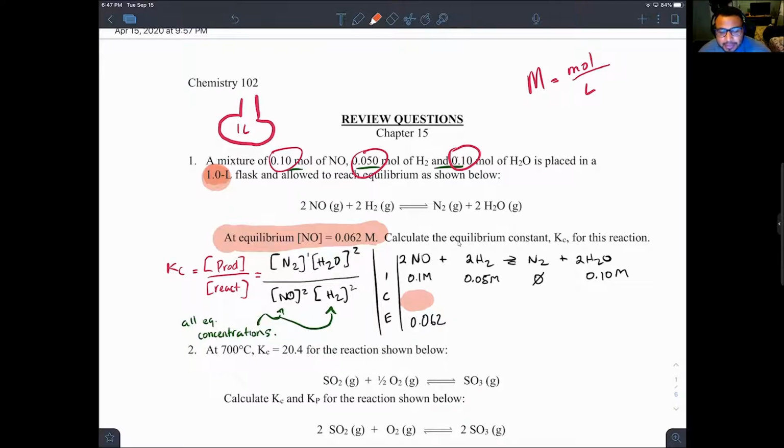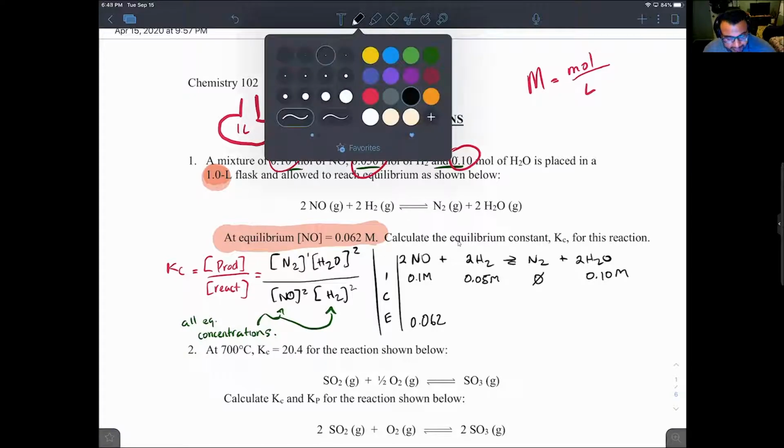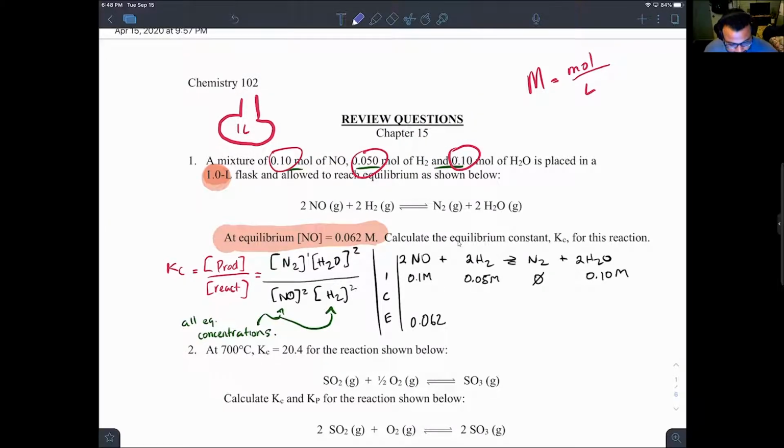You lose a little bit of reactant. But by how much? We get the difference between 0.1 and 0.062. The number that you get here, I'm going to put in a different color because it's important, is 0.038. That is the amount by which we've changed in molarity.